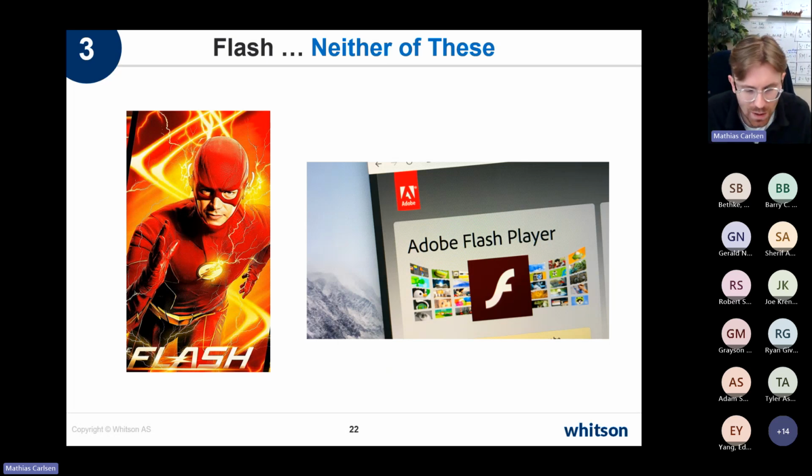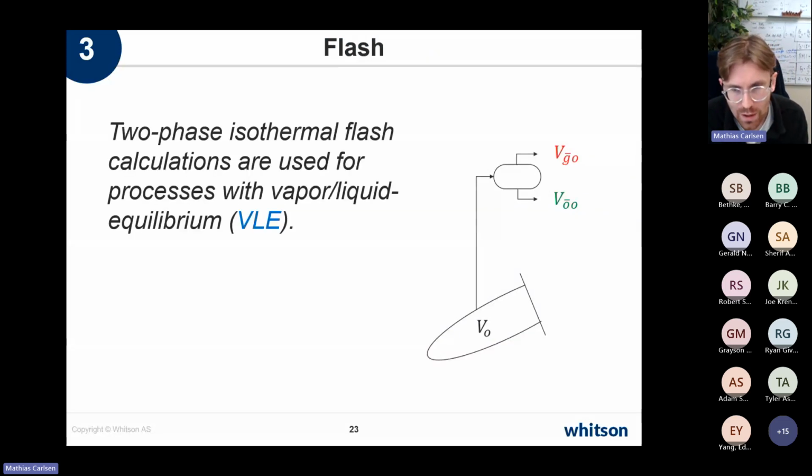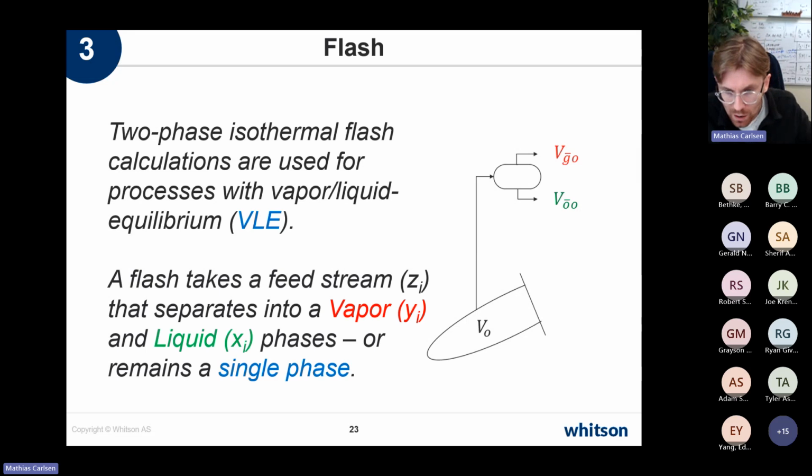I haven't watched this other movie, but it's neither of those guys. It's this thing we call a two-phase isothermal flash calculation, often used in vapor-liquid equilibrium calculations. What it does is take this fluid that we're producing, let's say an oil, to the separator, and we equilibrate at those conditions.